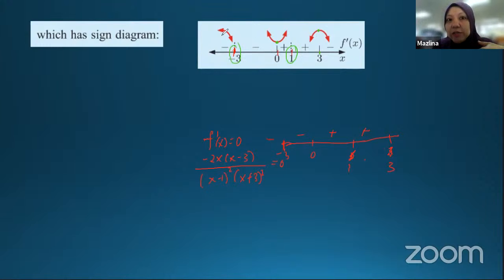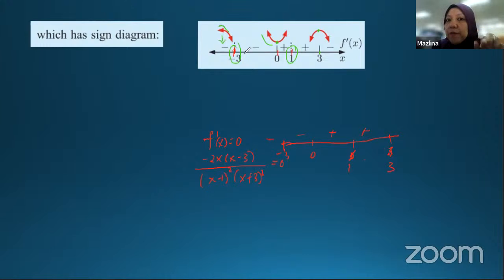Okay? Okay, cuba kita tengok kat sini. Dekat sini, this graph will be something like this. And then dekat sini, graph tu akan macam ni. You nampak tak? Ini kita panggil point of inflection. When it is point of inflection, it will affect the concavity of the curve. Yeah, meaning that if you look at below the negative 3 ni, the curve is concave down.